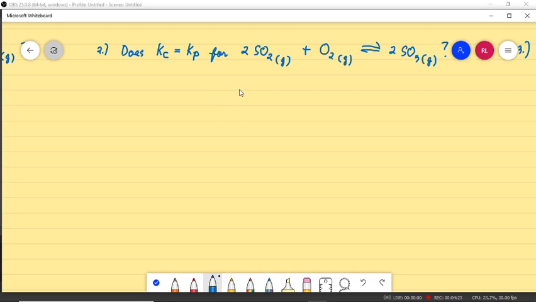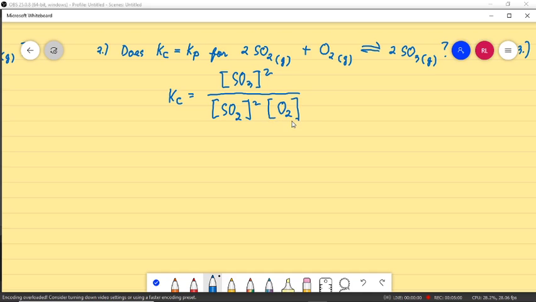Again, we will write the expression for K sub C. So you have concentration of sulfur trioxide raised to the power of 2 divided by the concentration of sulfur dioxide raised to the power of 2 times the concentration of oxygen gas.